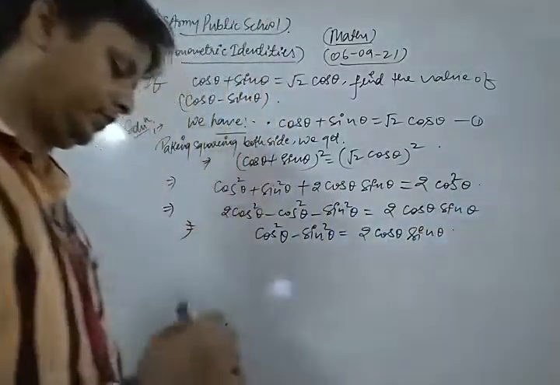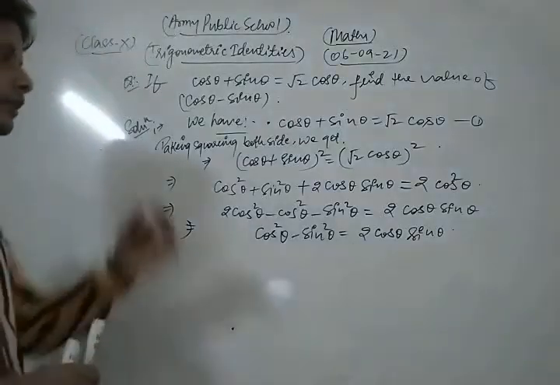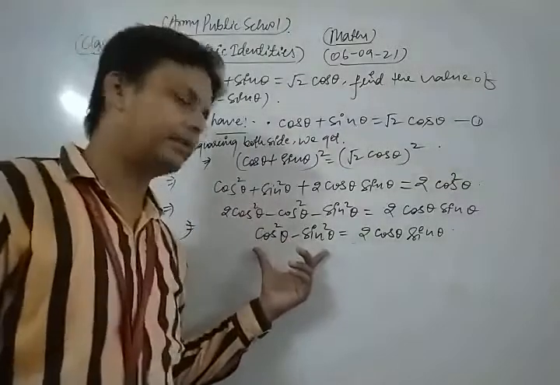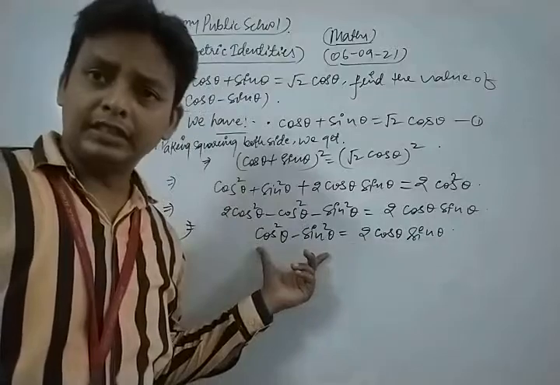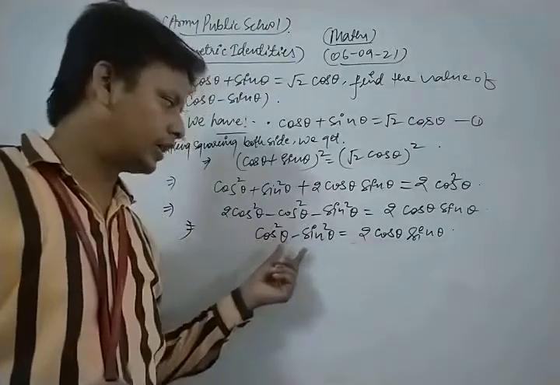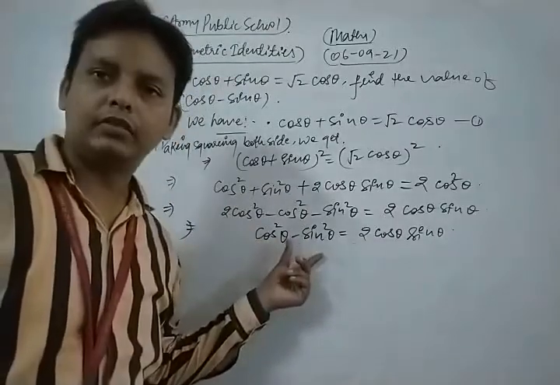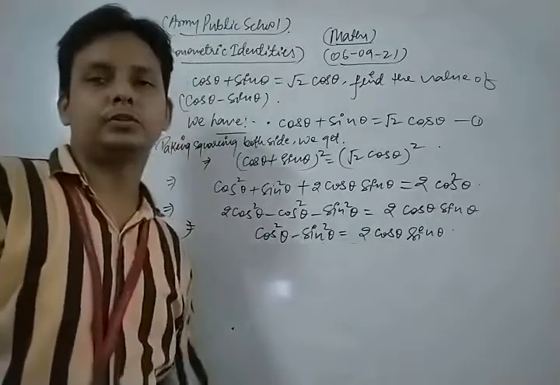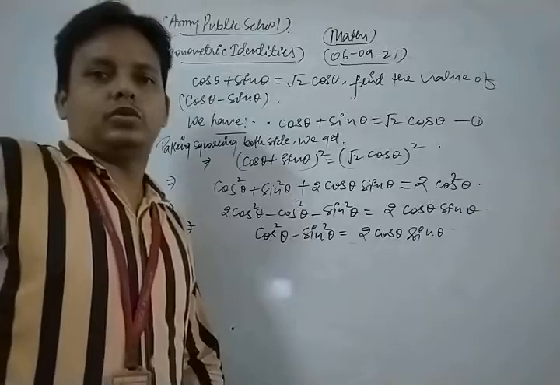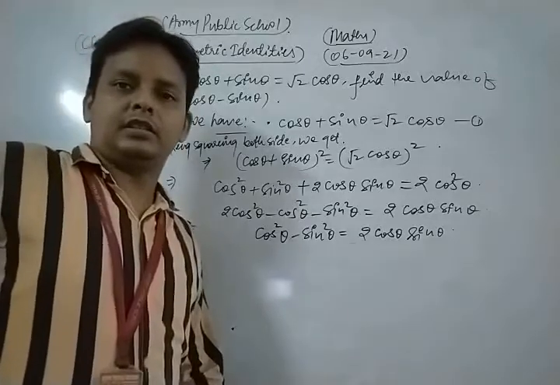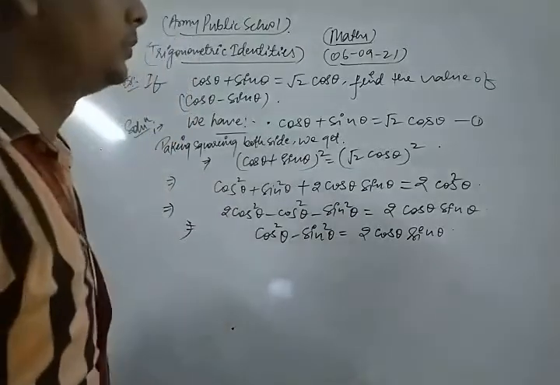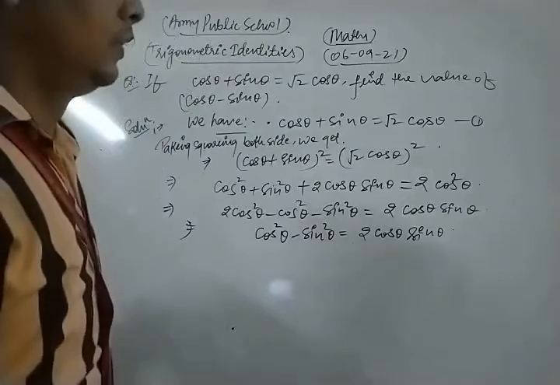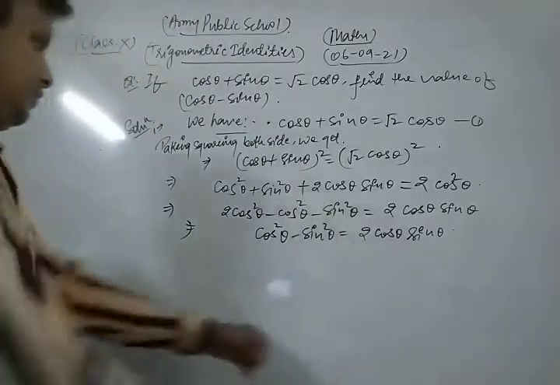And now, yes friends, here we use the identity a square minus b square, and you know that the value of a square minus b square is a plus b into a minus b.